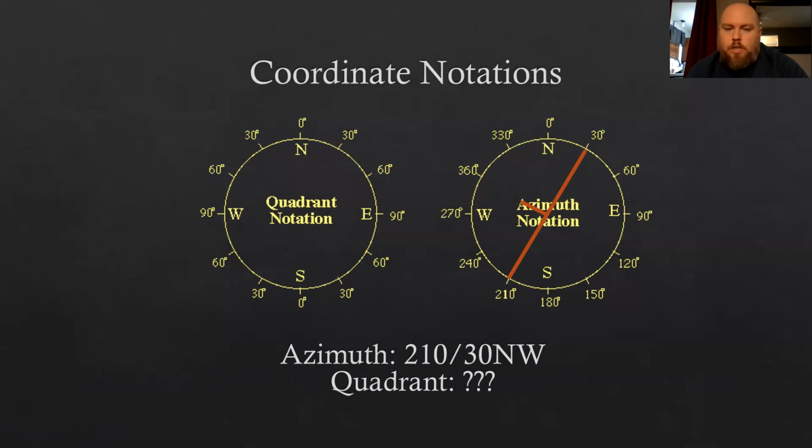So we see that 210 is 30 degrees west of south. We would report this as south 30 west, and then a 30-degree northwest strike. So as I said, south 30 west, 30 degrees northwest strike. And you may be asked to convert in some of your lab materials this week.